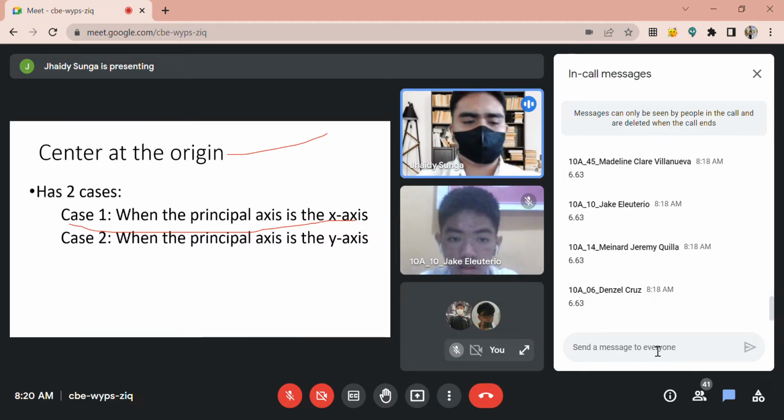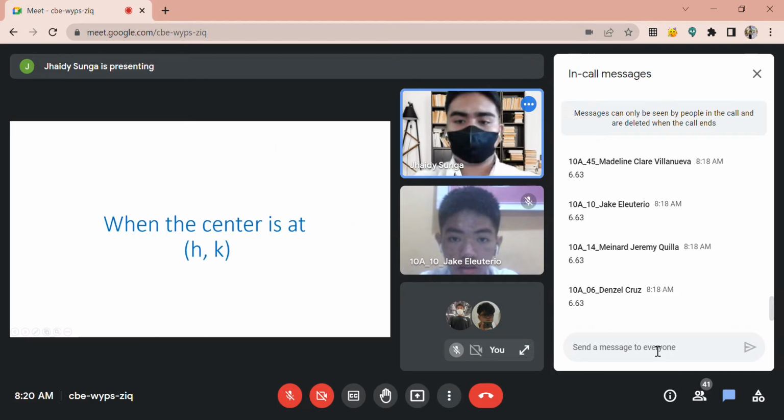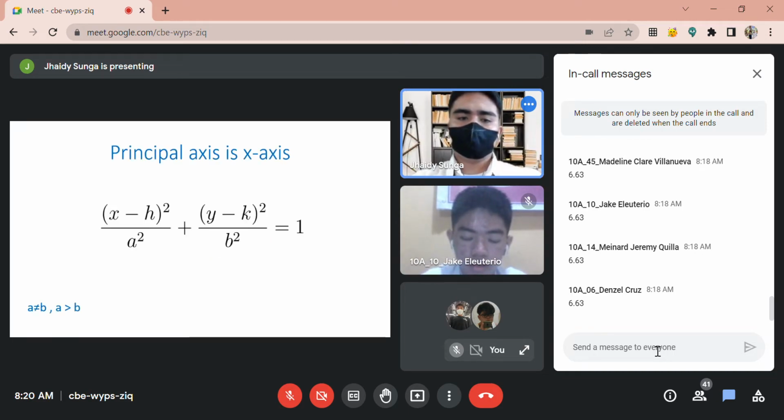So let's try to deal with when the center of your ellipse is at h and k. We're going to add h and k. Nothing is different; we just input the values of h and k. You know this already, isn't it?